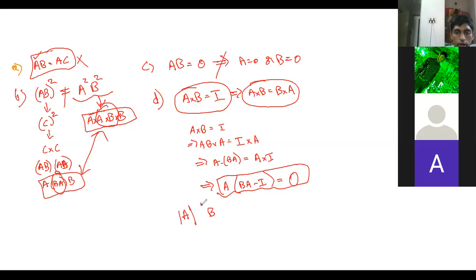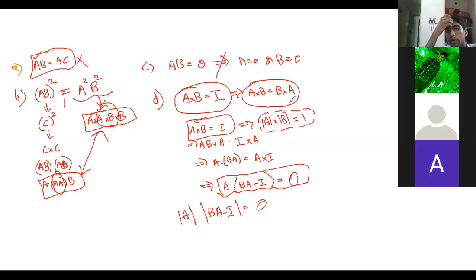Taking determinant on both sides, we know that this is not 0 from this equation, because from this we can tell det A into det B is equal to 1. So neither of them can be null matrix. But then this is equal to 0. That means the determinant of BA minus I is 0.